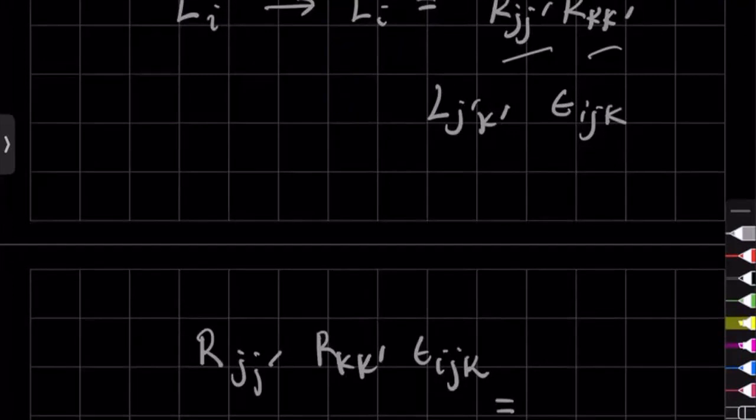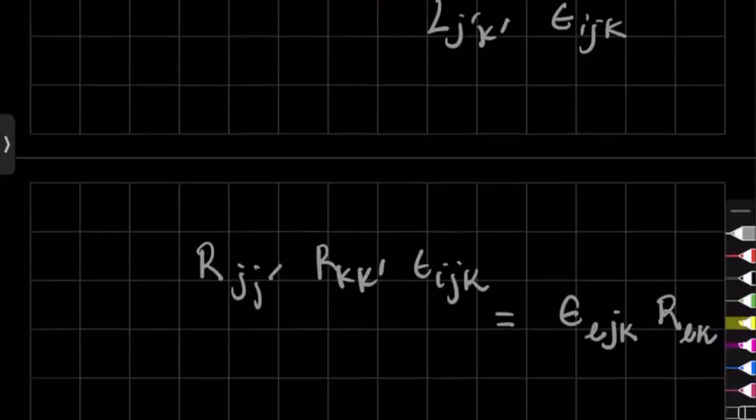So we should have epsilon J K L times R, L K. It's either LK or KL, one or the other.